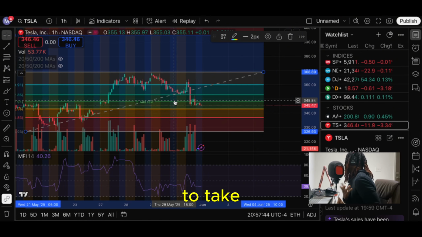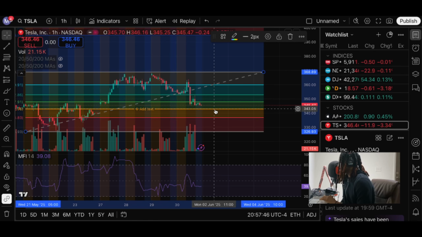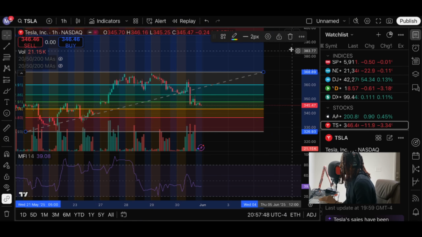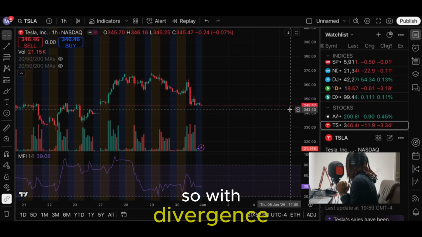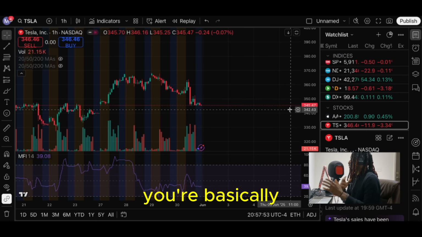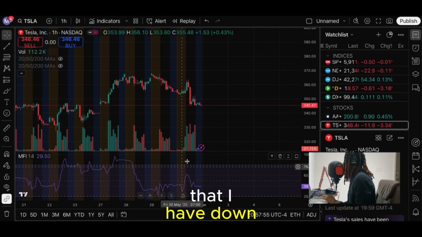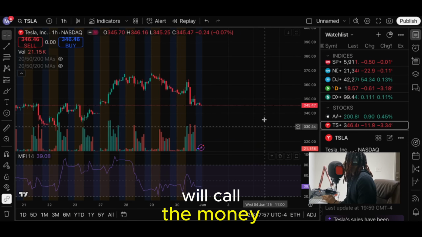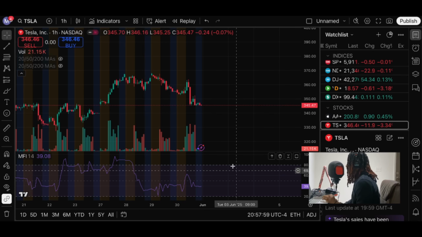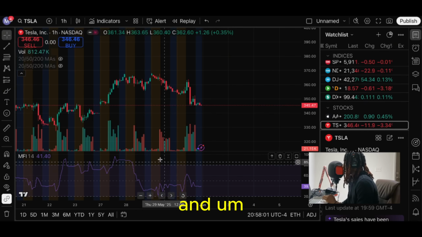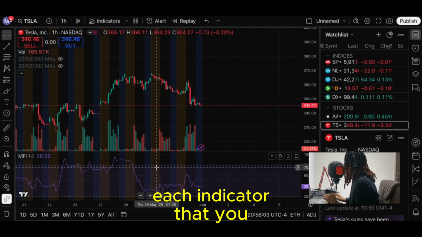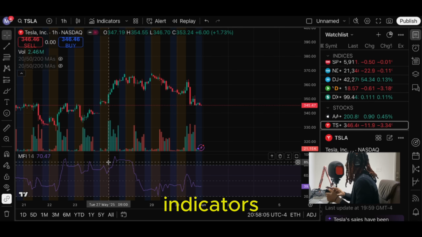And now I'm about to take a look at some divergence. So with divergence, this indicator that I have down here is what you would call the money flow index. And for each indicator that you use, there are different divergence indicators.